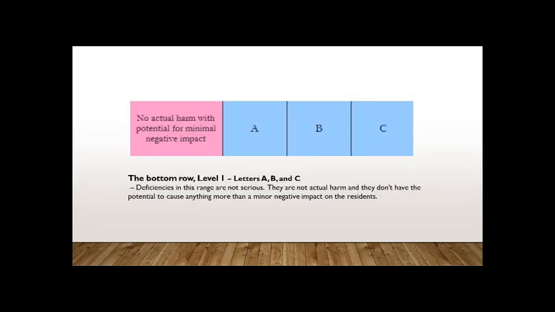So we talk about the bottom level, the ABC tags: no actual harm, potential for minimum or negative impact. So not very serious. If you're going to get a tag, if you can't be deficiency-free, ABCs are nice to be. That was my little mantra. If I couldn't get a clear scorecard, the ABCs were nice to be because they were the lower levels.